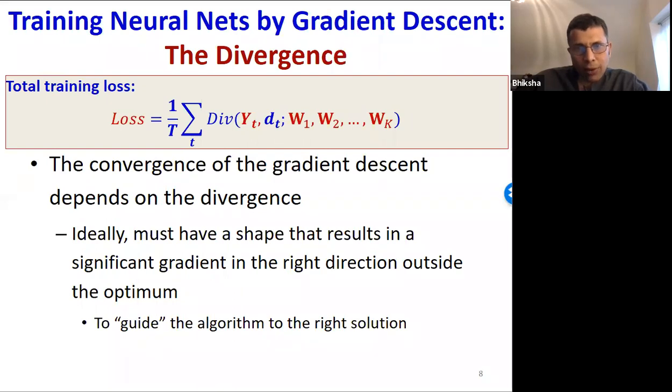Now, let's start off with looking at the divergence. The loss we minimize is typically some constant times the average divergence of the training instances. This divergence has the property that it's minimum when the network output, which I have representing as Y_t over here, is exactly equal to the desired output for any training instance.